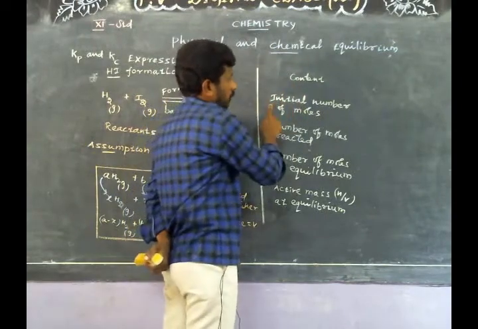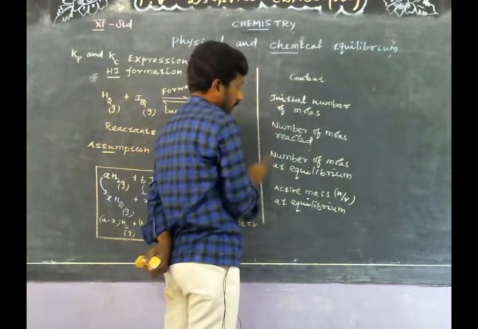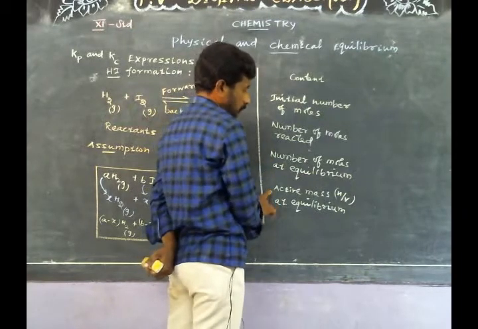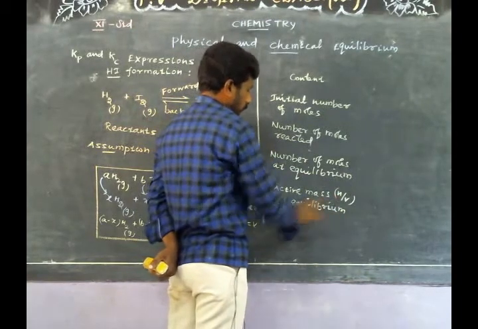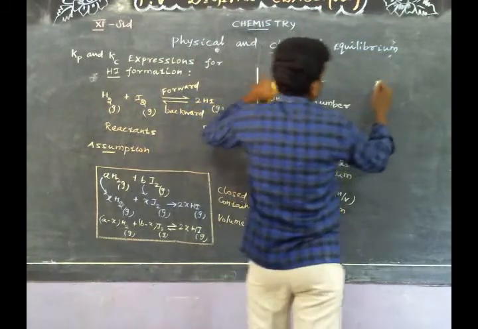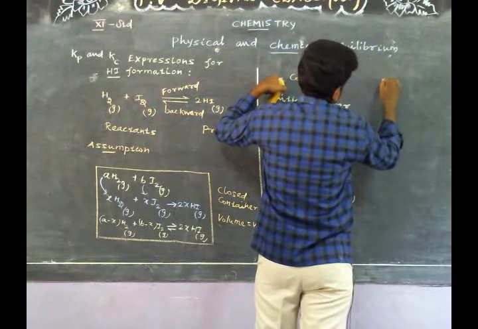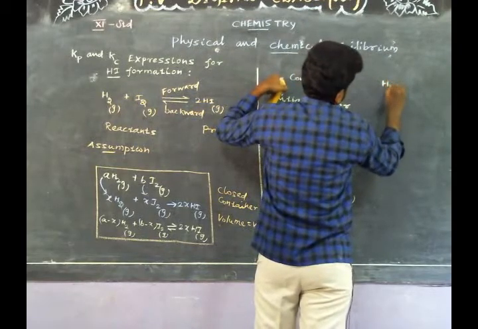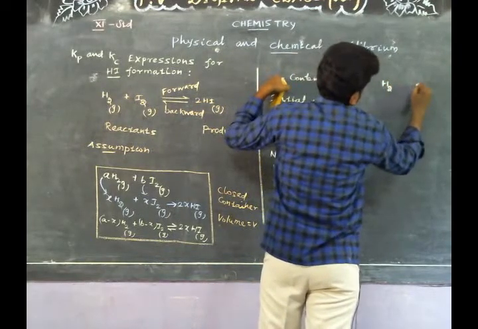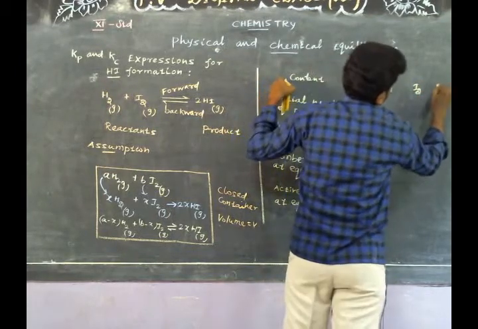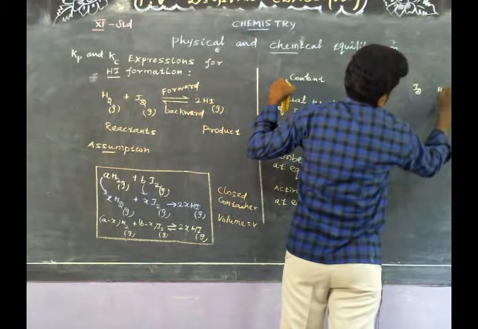Content, initial number of moles, number of moles reacted, number of moles at equilibrium, active mass, that is n by V at equilibrium. Hydrogen gas, iodine gas, hydrogen iodide gas.